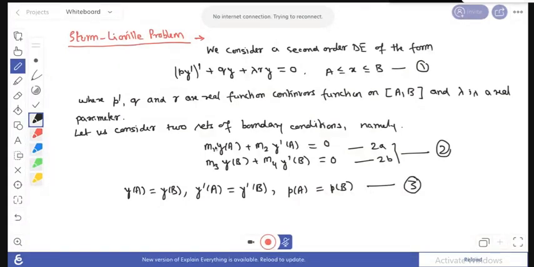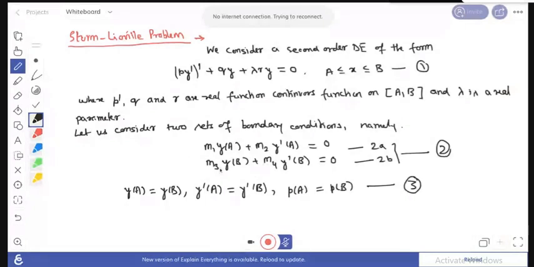Okay, at least one of them is non-zero here, because if both are 0, then 0 equals 0, so there is no sense in that boundary condition. So in equation 2a, at least one of m1 and m2 is non-zero. Similarly, for 2b, at least one of m3 and m4 is non-zero.